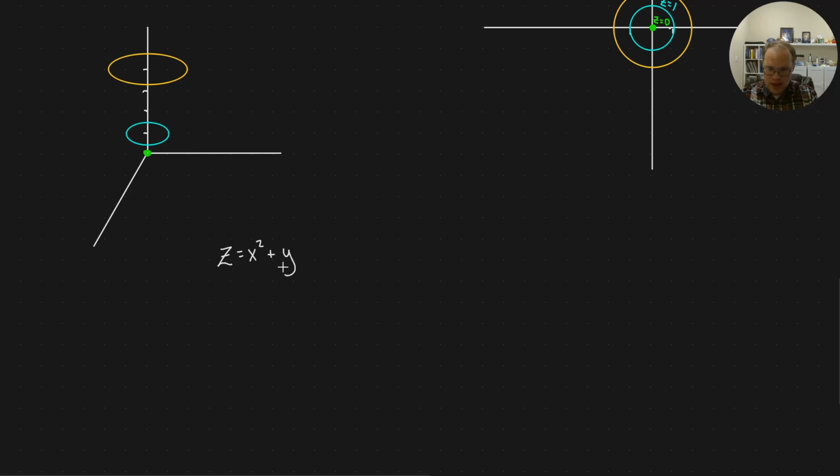So here's our surface again. Let's look at x equals 0. Okay, 0 is always a good one to pick. Usually you get some nice traces there. So if I let x equals 0, then the resulting equation is z equals y squared.